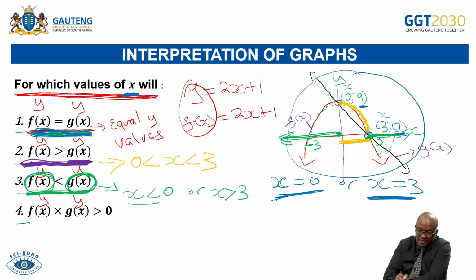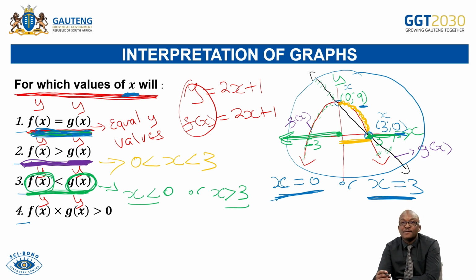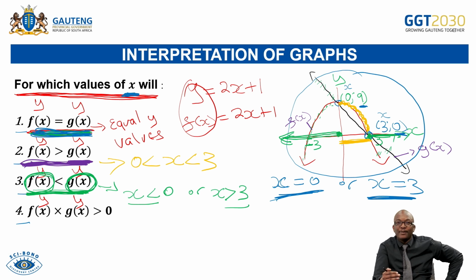So you can see that from 0 to 3, those values of x are not included because the black one is below the red one. So that's basically how you read or interpret those functions.